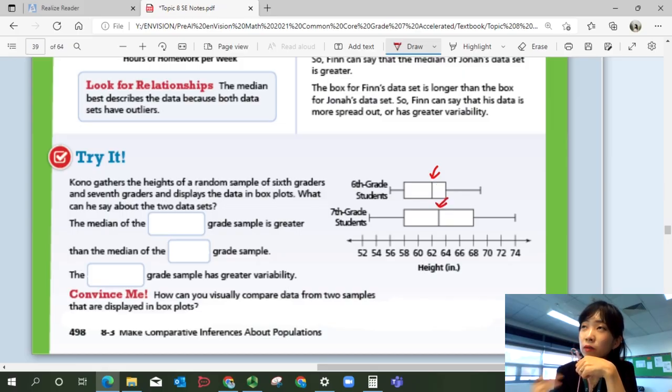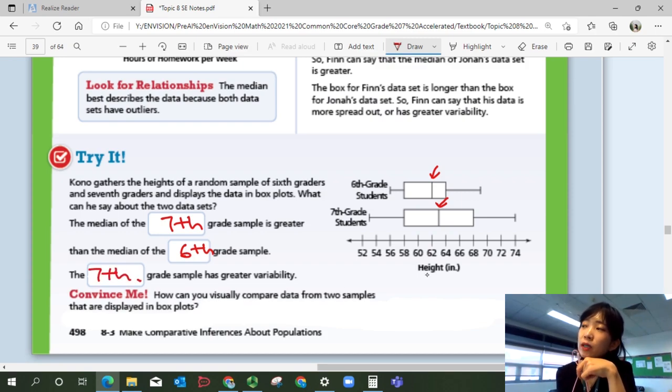So whichever is on the right would be greater. So you can say the 7th grade, and then the 6th grade sample. And the blank grade sample has greater variability. So which box is longer? The 7th grade, so it will vary more.